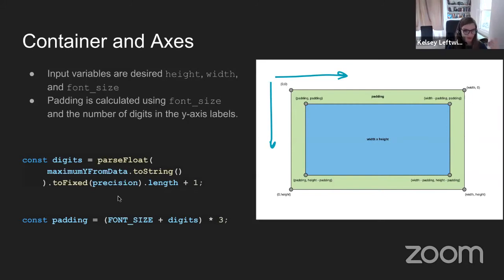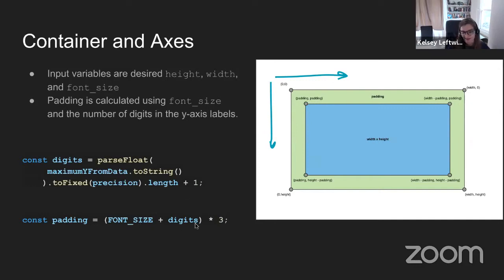Earlier I mentioned you want to perhaps allow custom precision, like you want to have decimal points or not. You keep that in mind by using toFixed, and then how long is that number? So if your maximum is 100 and you want 2 decimal points, that's what 6 characters, and then I just added 1 for space.